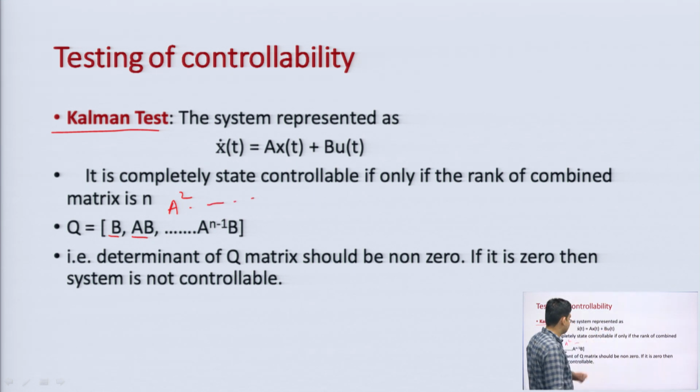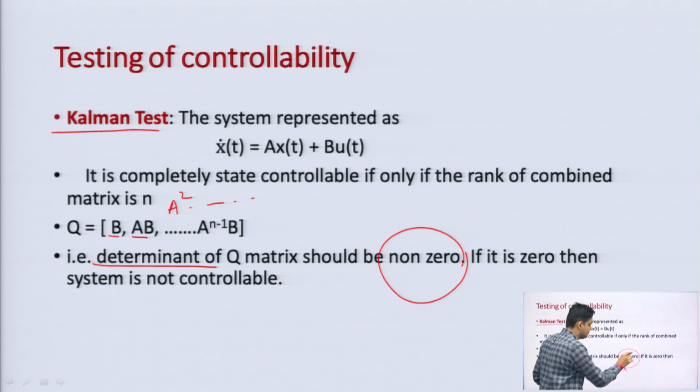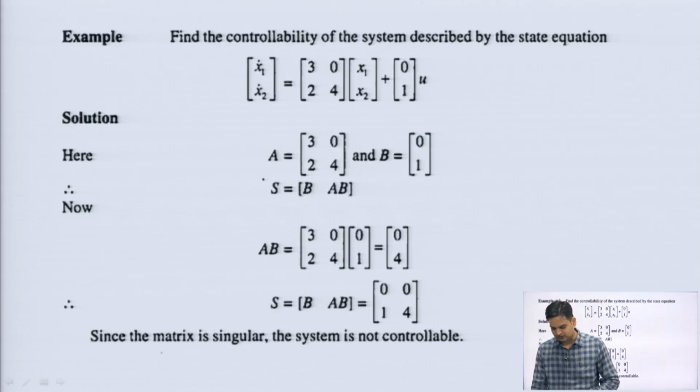If I calculate this matrix and its determinant or rank is not equal to 0, then my system is controllable. If the mod of this matrix is equal to 0, it means the system is not controllable. So, we need to calculate the determinant of the Q matrix, and it should be non-zero. If it is 0, this system is not controllable.